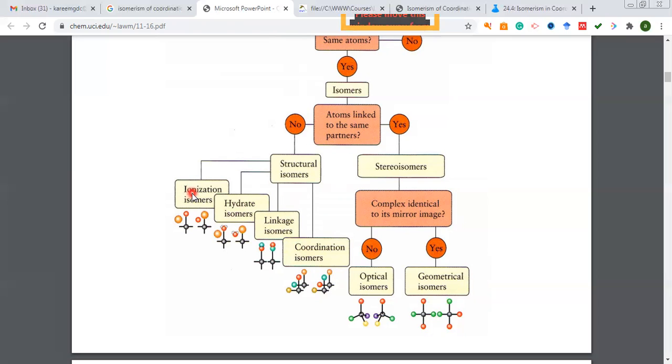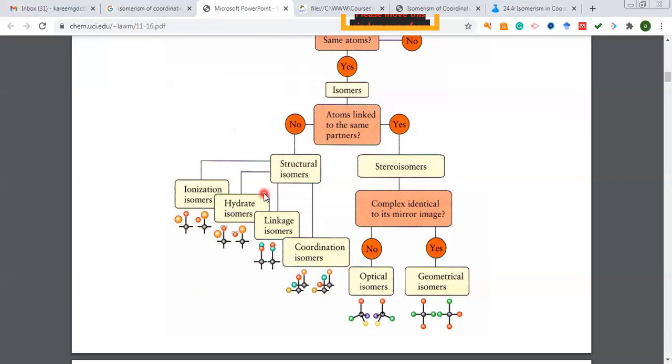In ionization, exchange of any anion with a counter ion, or cation with a counter ion, gives isomers. Linkage means when the central metal ion connects to an ambident ligand. In that case, we can expect two different linkages. Coordination isomers means we have a complex compound with two spheres, and those two spheres will have different arrangements.